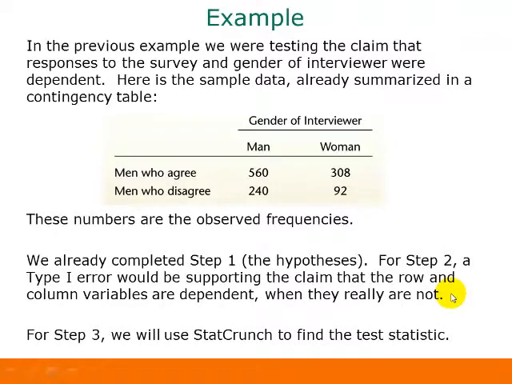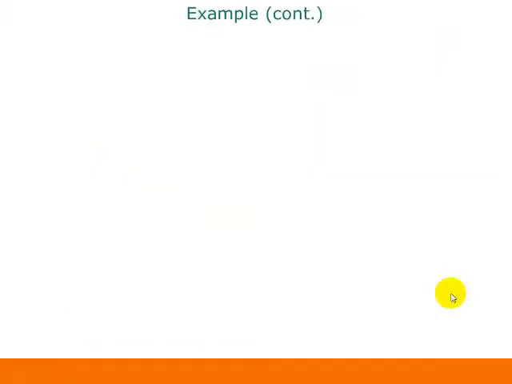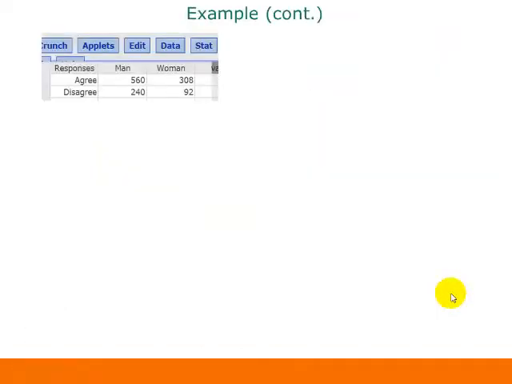And for step 3, we will use StatCrunch to find the test statistic. Here's how we do that. Since we already have the data summarized in a contingency table, we would basically type the contingency table into StatCrunch. And in order to do this in StatCrunch, you do have to include a column that has the labels for the rows.